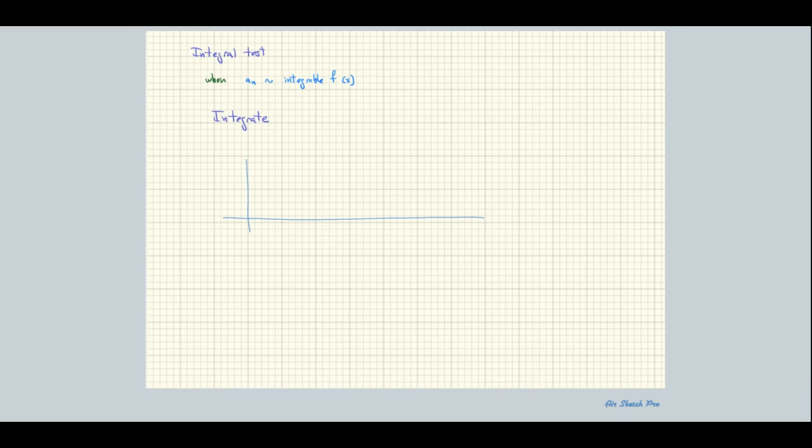So I've got something which is at least heading to 0. The nth term is heading to 0. So if I'm graphing a sub n versus n, I'm seeing something that is eventually going to 0.